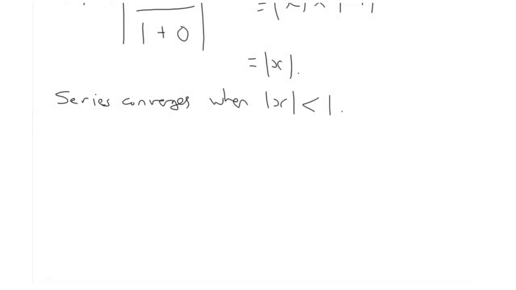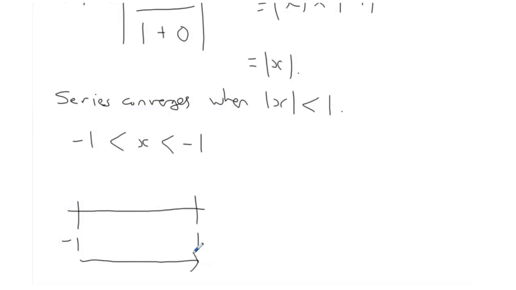Okay, the way I've described it before, we know that if we've got x between minus 1 and 1, so anywhere in there, the ratio test will give a value less than 1, and so it will converge. So if you think about the width of that, minus 1 and 1, we know it converges all the way in there, and the radius of convergence is half of that, right?